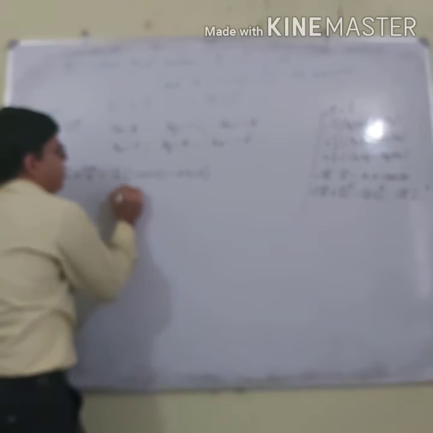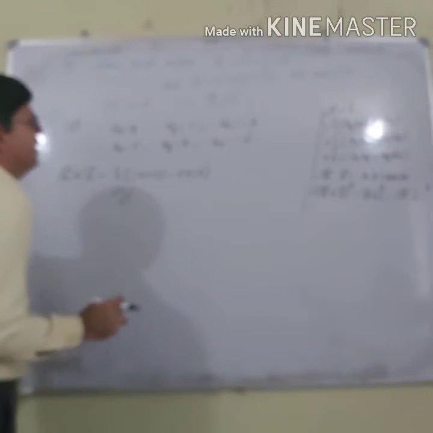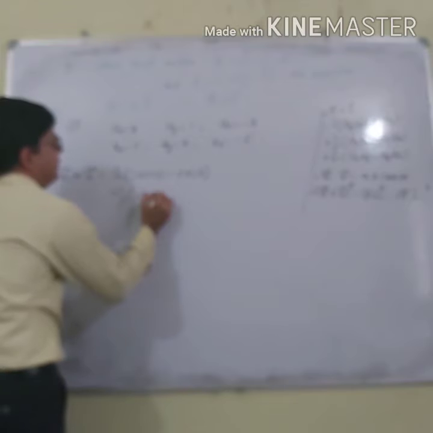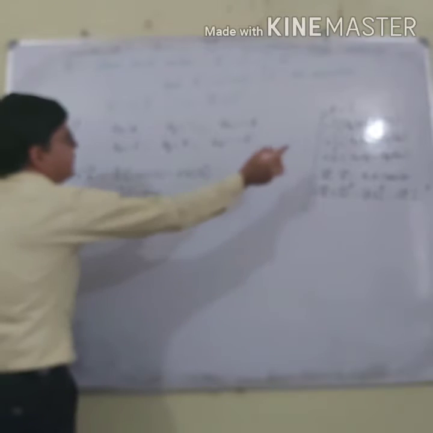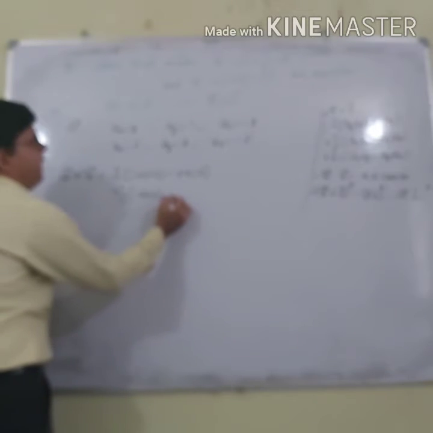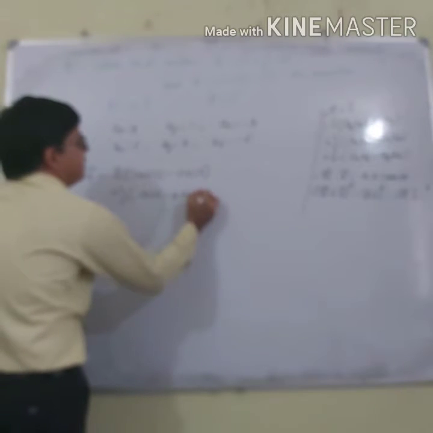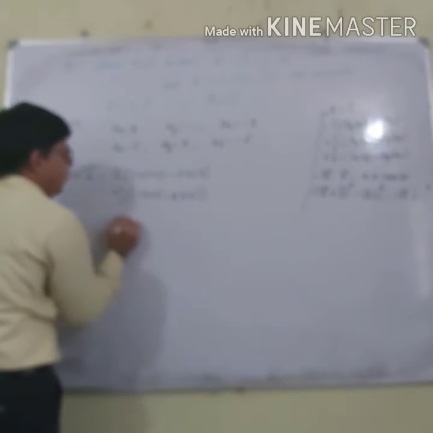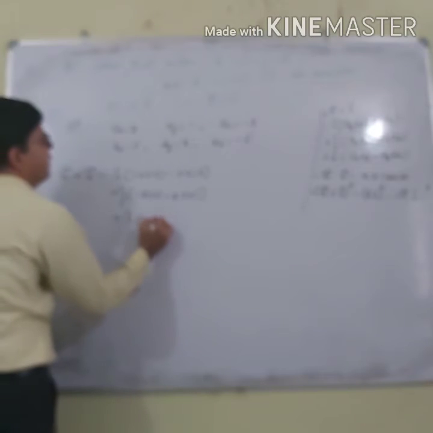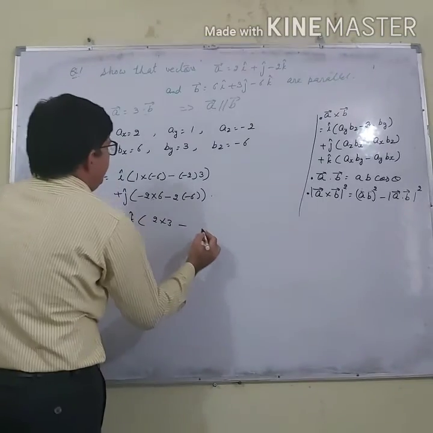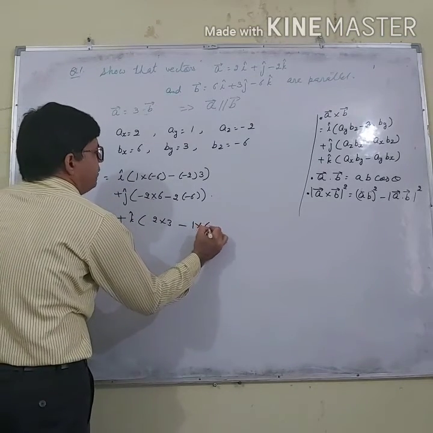And for J cap: AZ is minus 2 multiplied by BX, which is 6, minus AX, what is AX? 2. And what is BZ? Minus 6. So if you solve, again it will be 0. Plus K cap: AX 2, BY 3, minus AY 1 and BX is 6.